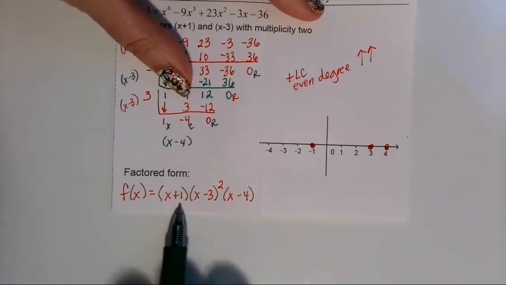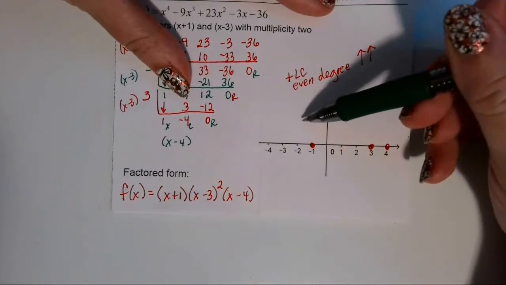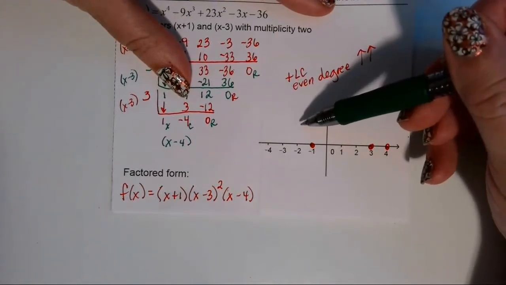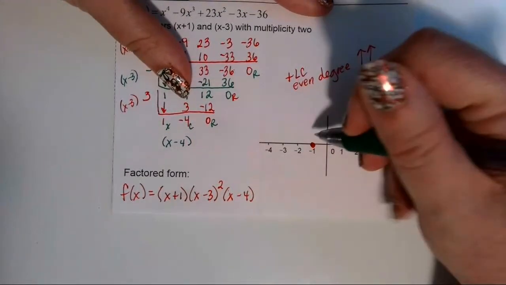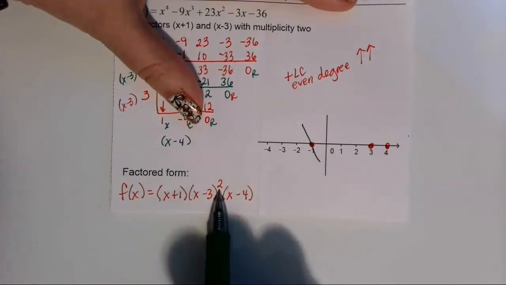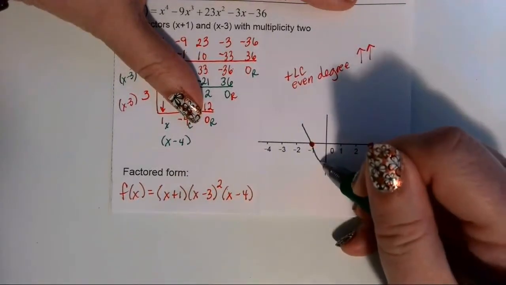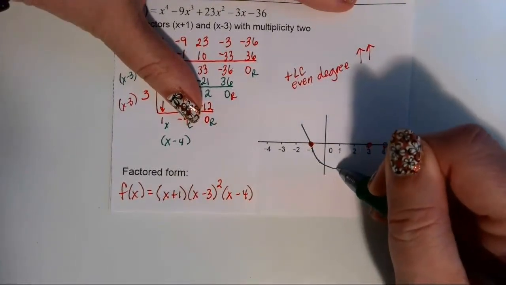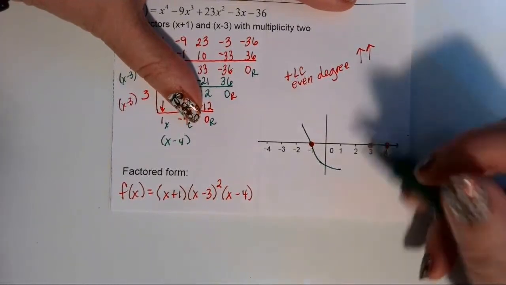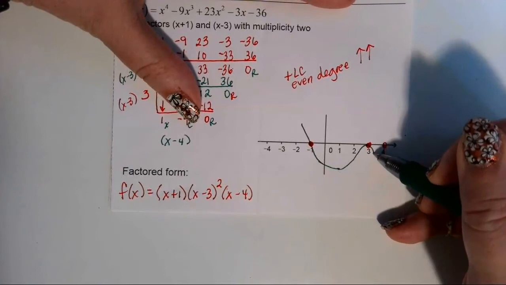Okay, I have a cross at the -1. Since this end has to go up to positive infinity on the left, I'm going to be decreasing as I cross through -1. Okay, then the even multiplicity on my factor of x minus 3 means when I turn here to approach the x-intercept at 3, I'm going to have to bounce at that intercept.